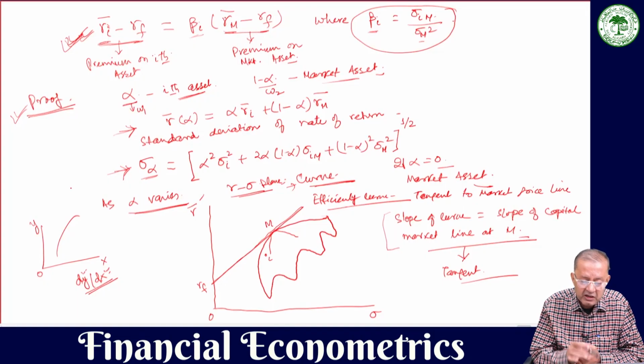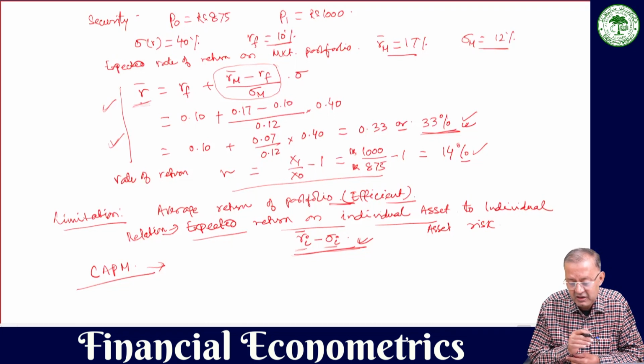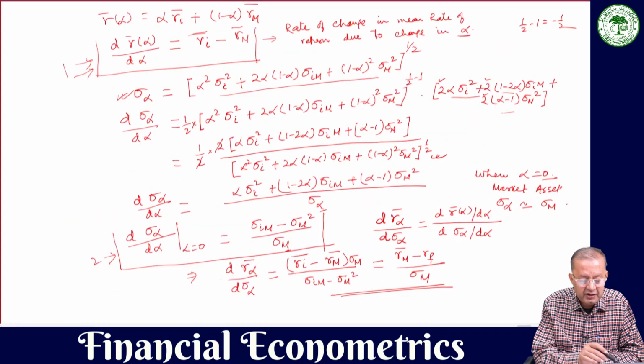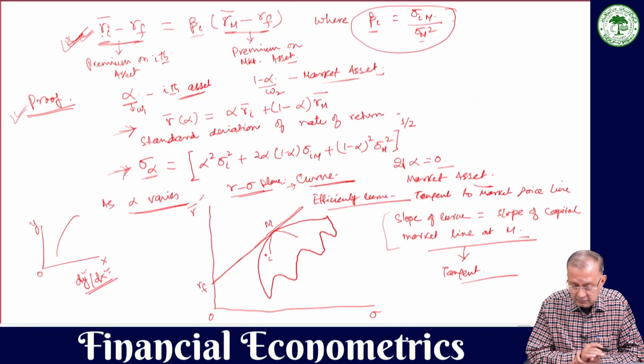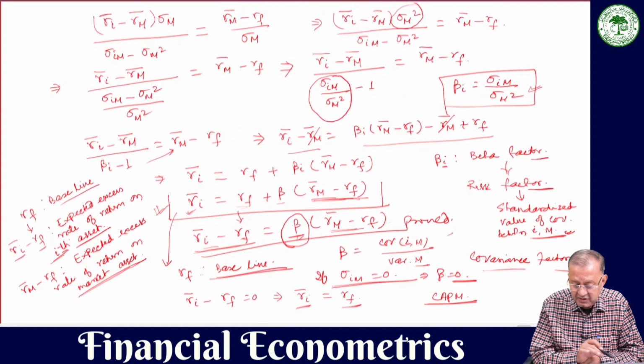We proved mathematically that not only can the rate of return on a portfolio be calculated with the help of the capital asset pricing model, but we can also calculate the average rate of return of an individual asset, and we reached this formula.